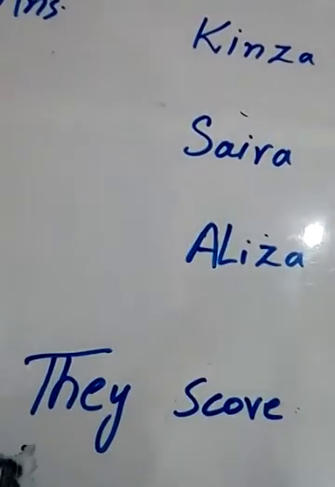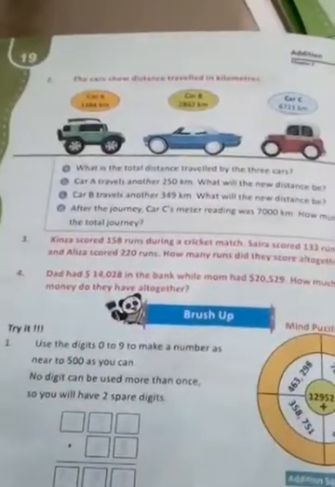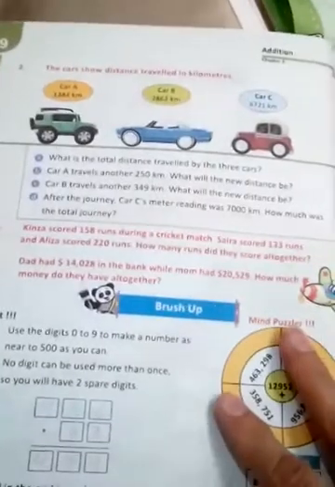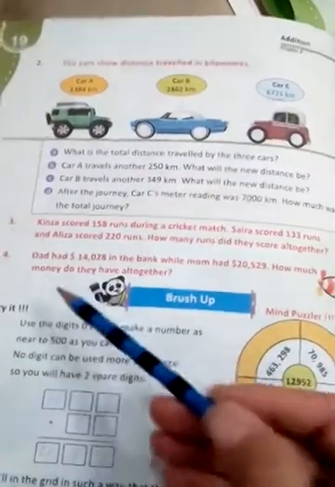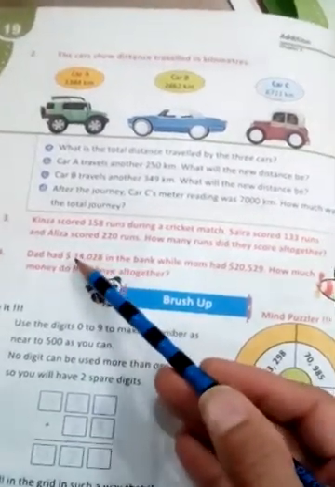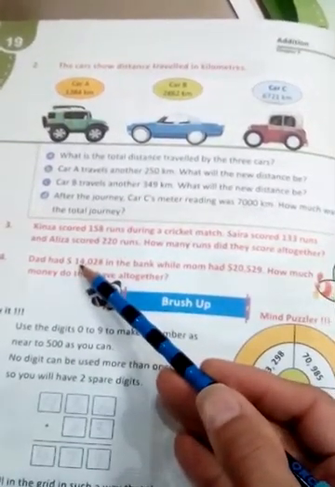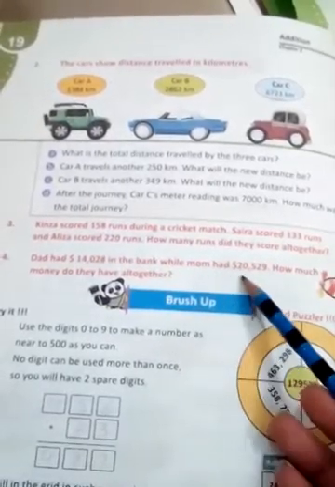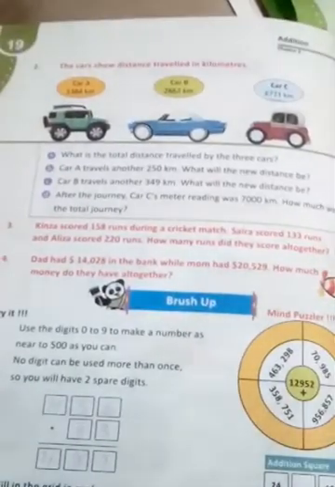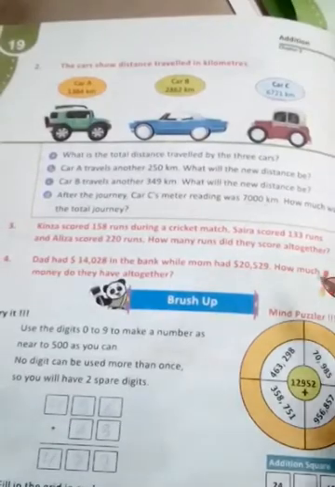Now we have to move on to question number 4. Our question number 4 here is: Dad had $14,028 in the bank while mom had $20,529.